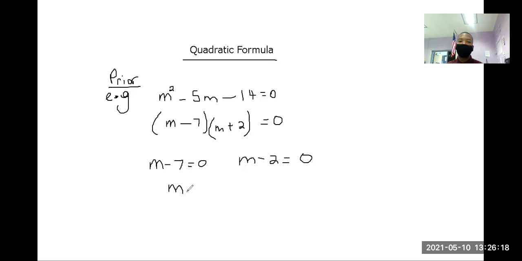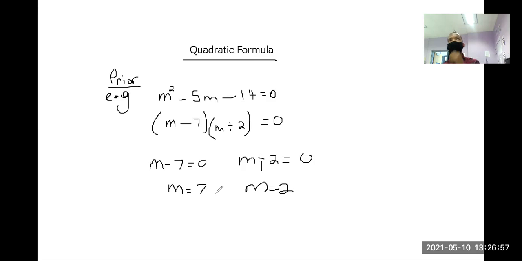So then we go through and we solve, we say m is equal to 7 and m is equal to 2. It's positive 2 here, so then the answer is negative 2.